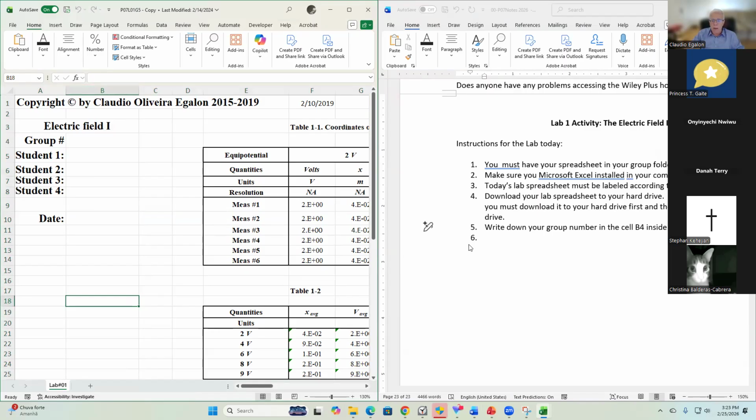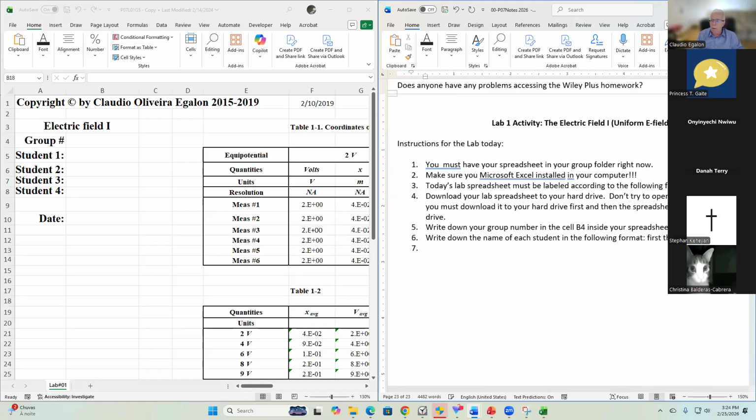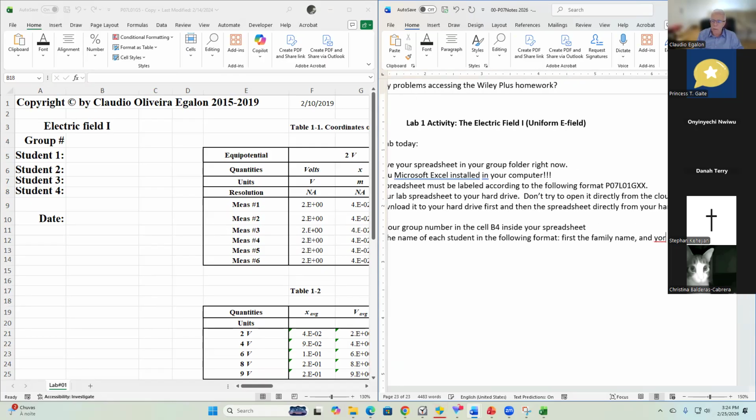Then write down the name of each student in the following format: family name, comma, first name.